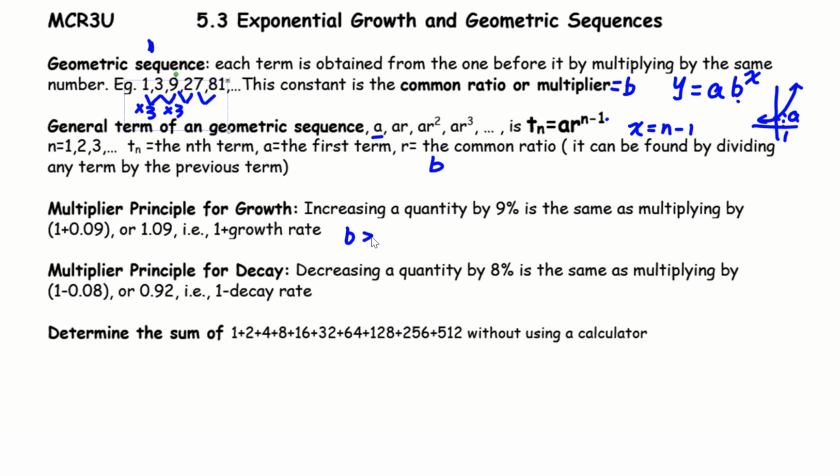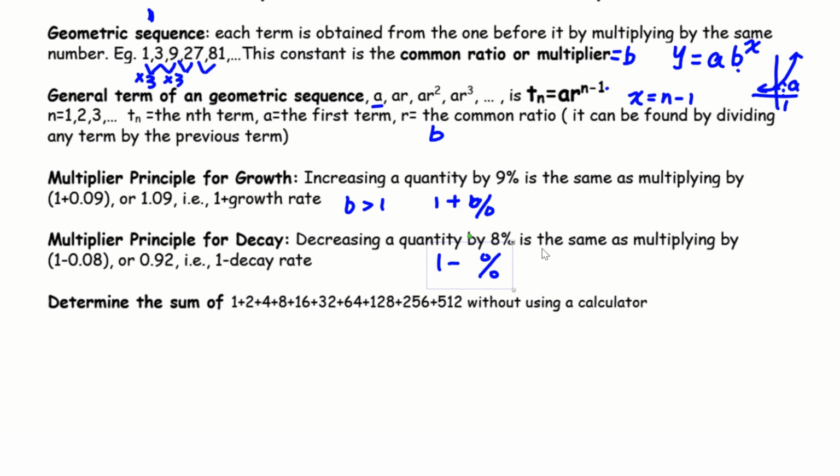In application, if it's exponential growth, the base is greater than 1, and we can write it as 1 plus the growth rate, so we just add a percentage. If the base is less than 1, it's decay, and it's 1 minus a percentage, called the decay rate.